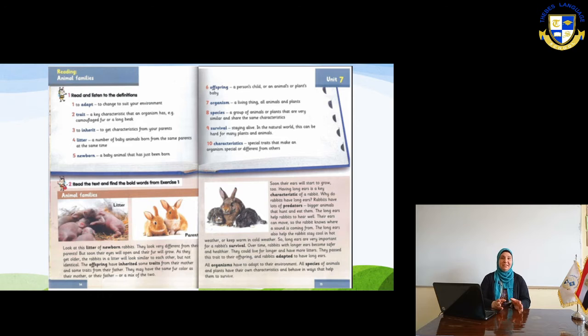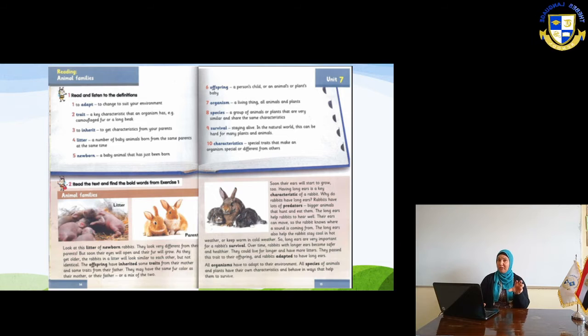It's a very long word, and I told you how to read long words: divide it into syllables. Characteristics are special traits that make an organism special or different from others.